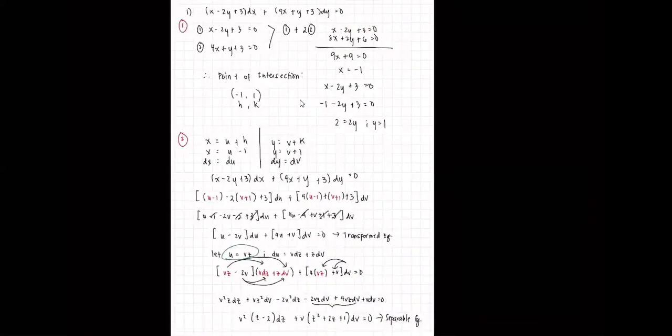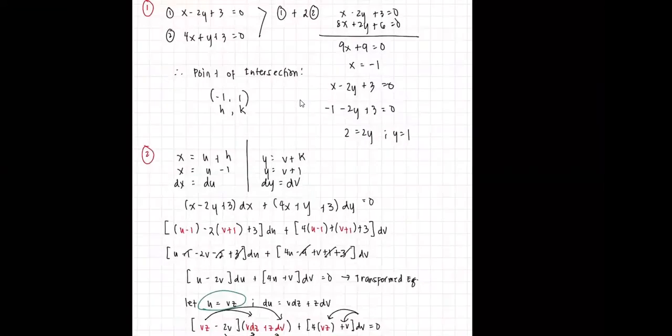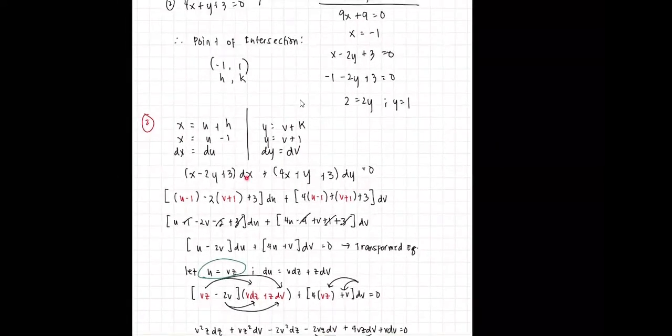And then next is in-apply natin, kinuha natin yung point of intersection nila. And kapag nakuha natin yung point of intersection, kinuha natin yung first substitution na variable natin, no? Gamit yung point of intersection. And sinubstitute natin siya dun sa original equation para makakuha tayo ng transform equation using yung value ng point of intersection.